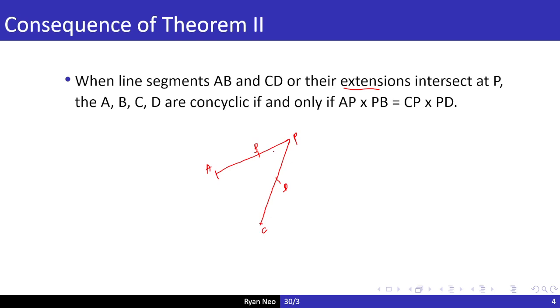So what I'm saying is that if these are concyclic, then we can make use of theorem 2, the latest theorem that we learned, that says that PB times PA is equal to PD times PC, which is here.